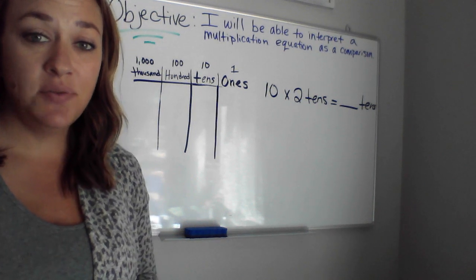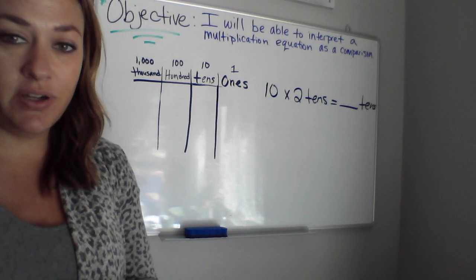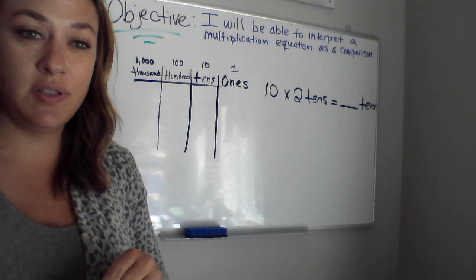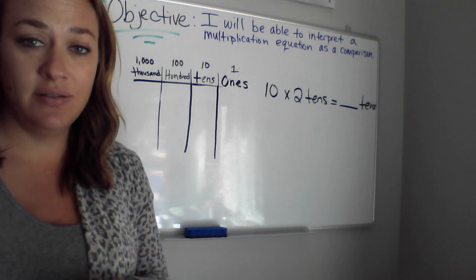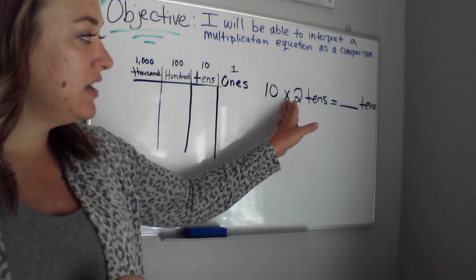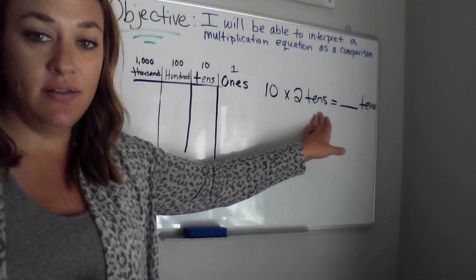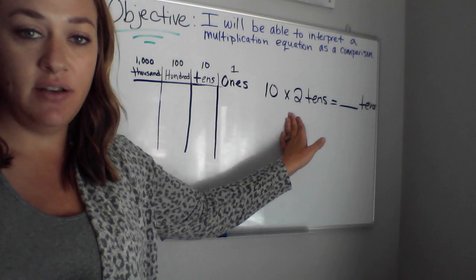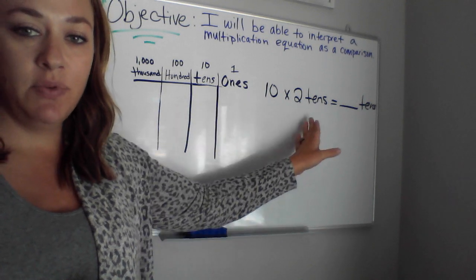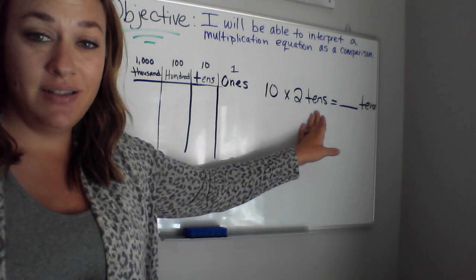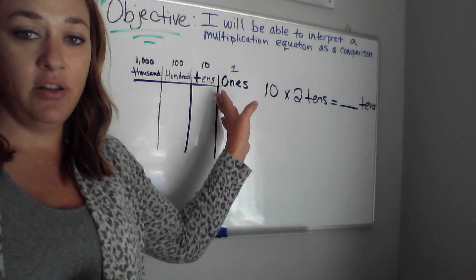Okay, here's our next problem. So similar as the last one, but notice our units. We're working with tens instead of ones. All right. So if I have 10 times 2 tens, last problem this was 1. So now we need to represent our equation on our place value chart, but our units are tens instead of ones. So we're going to start in our tens column.